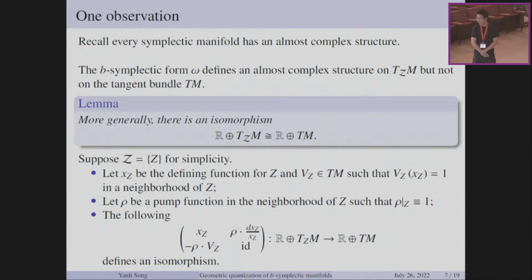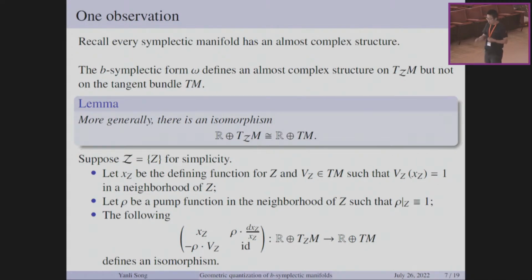We can always find such a v_Z. Let rho be a bump function in a neighborhood of Z, so that we localize this problem to a neighborhood of the hypersurface, such that rho restricted to Z equals 1. So we can define the isomorphism like this. This is v_Z, this is rho times dx_Z over x_Z, this is minus rho times v_Z, and this is the identity. Identity here means the injection embedding the b-tangent bundle into the tangent bundle. How do you think about this one?